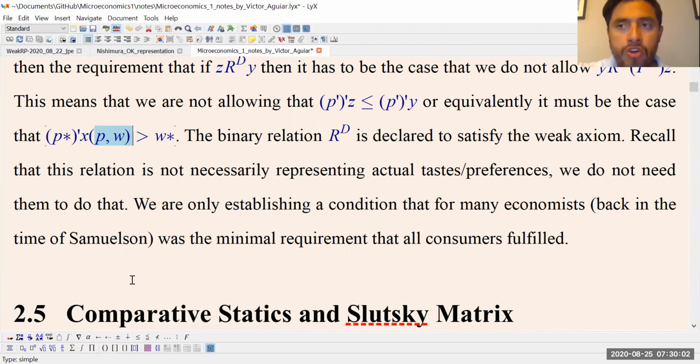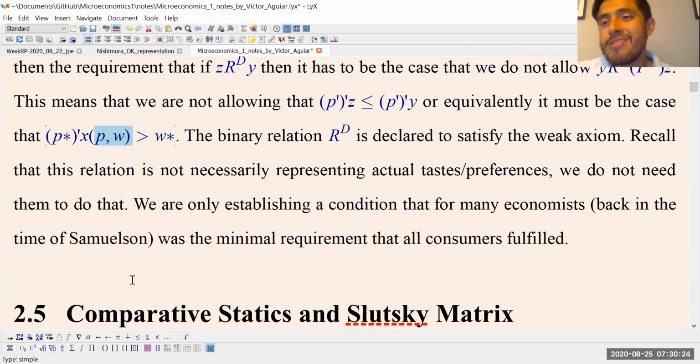It may or may not be true in data. As we progress in the class, I'm going to tell you about empirical and experimental evidence against this axiom, at least in its simple form. So we're going to be thinking about why people fail this as we progress. But now we're going to start from this very simple model where we just assume this is true.